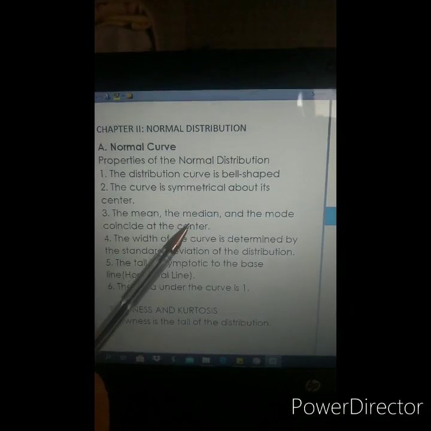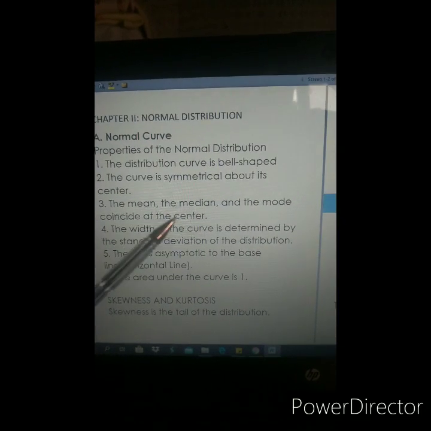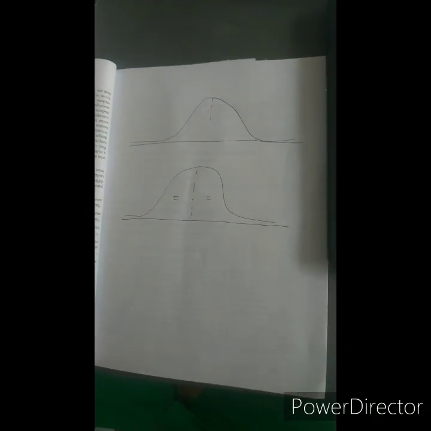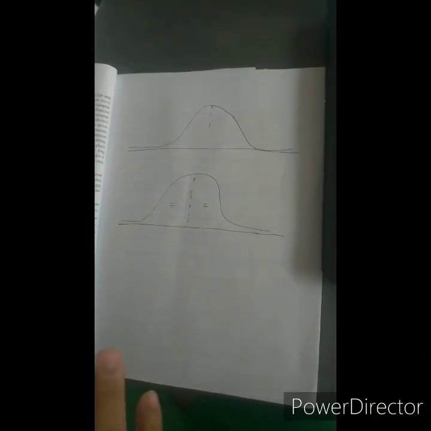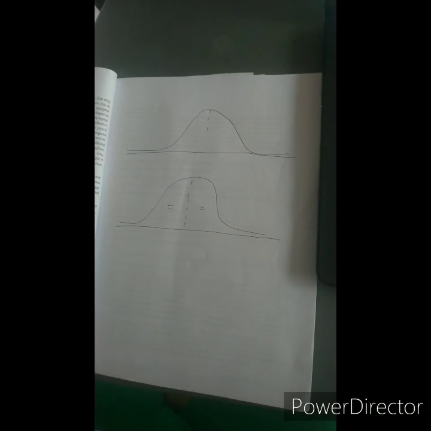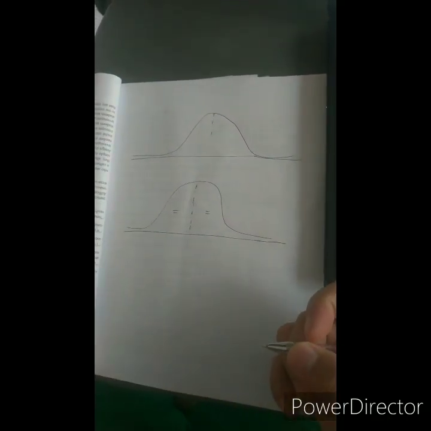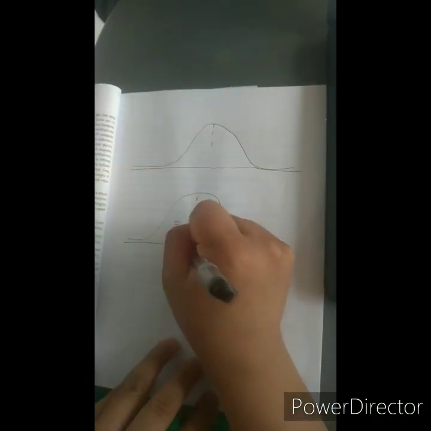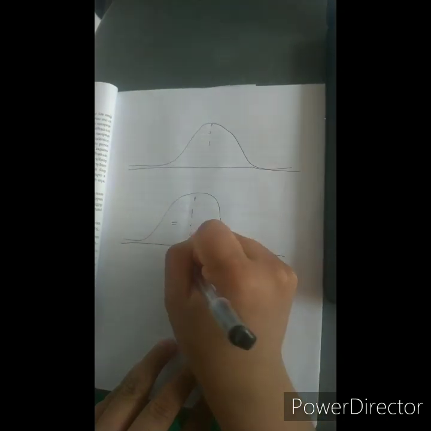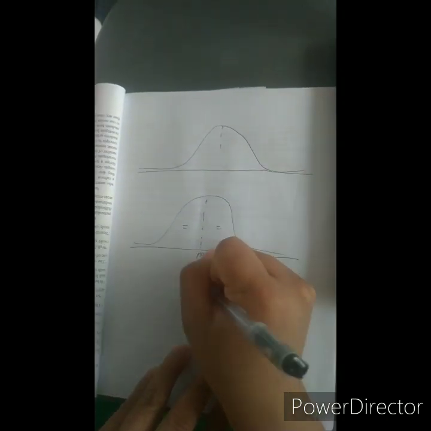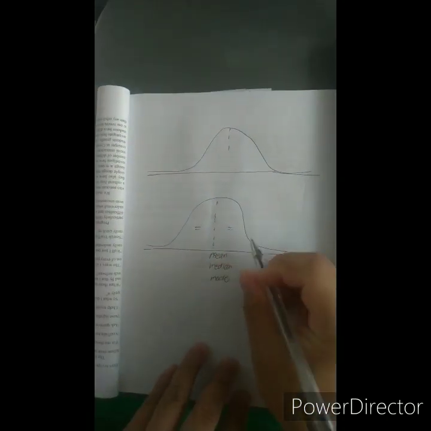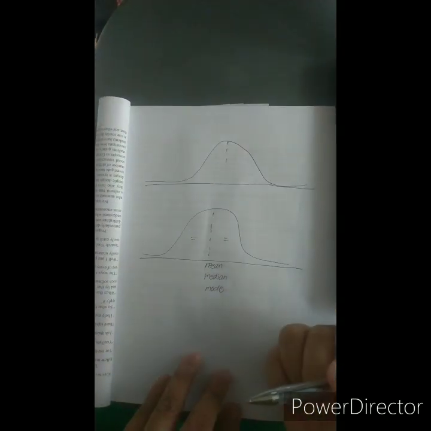Next, number 3. The mean, the median, and the mode coincide at the center. Since this is a normal curve, the distribution of your data is equally divided, so we assume already that the mean, median, and mode are in the center.